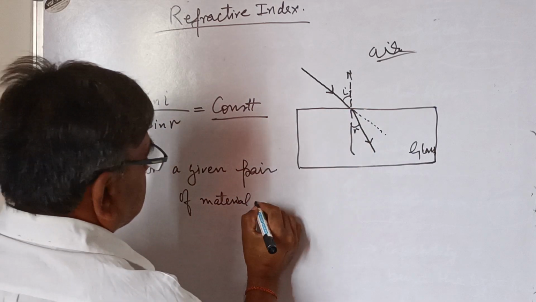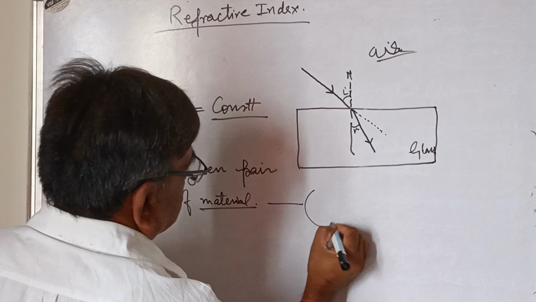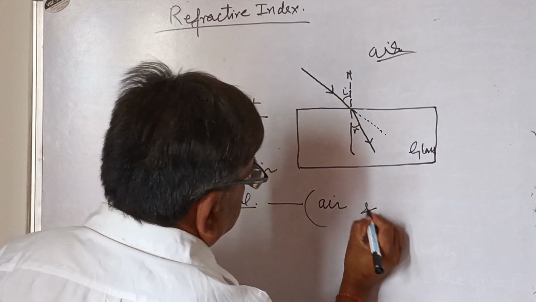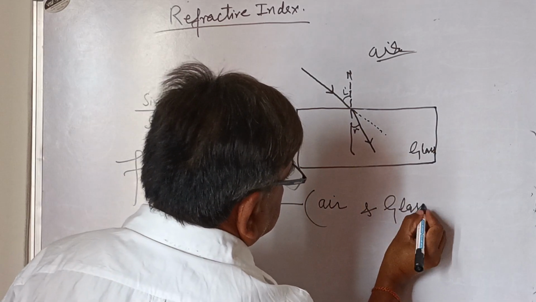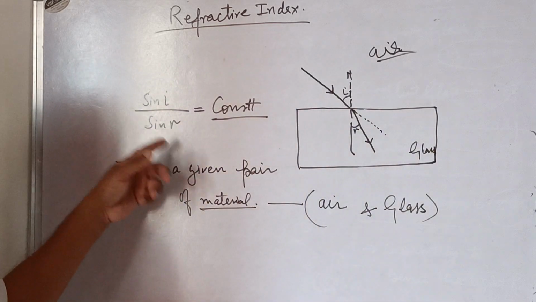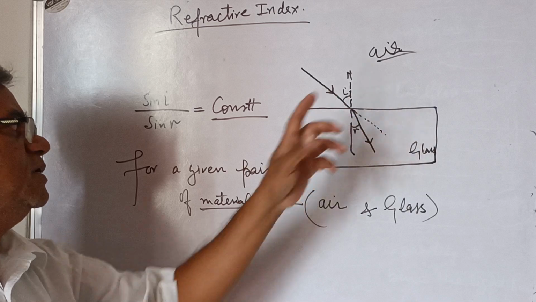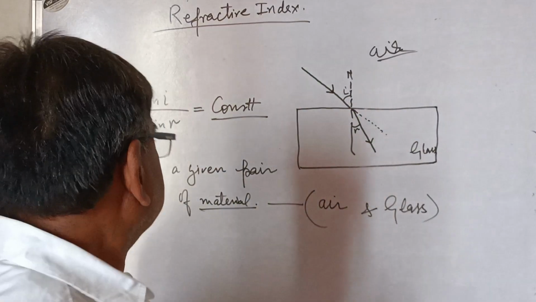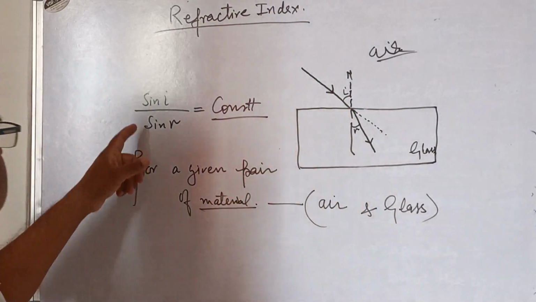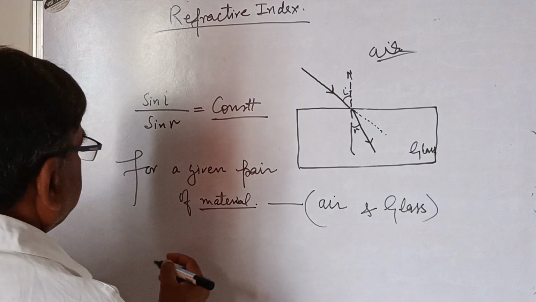Here the materials are air and glass for a pair. For refraction, we need the boundary of two materials. So this is a constant. We denote it with n.